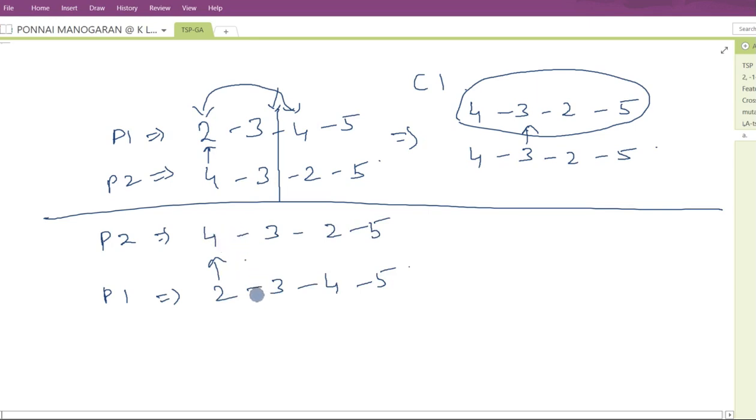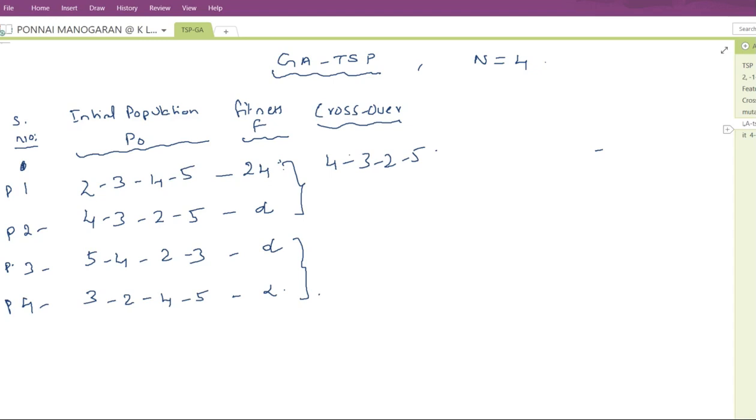If you transform it, it will violate with this, so you better swap it. So 2, 3, 4, 5. Anyway, you are getting the same thing, the opposite version. So let us see what happens. The second child is 2, 3, 4, 5.